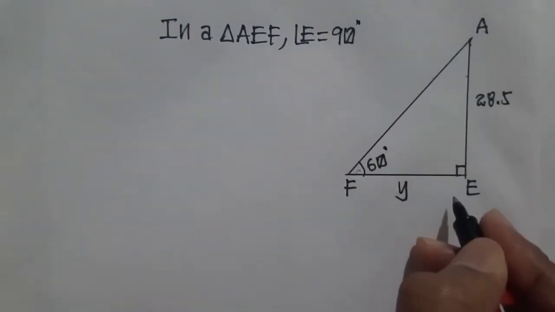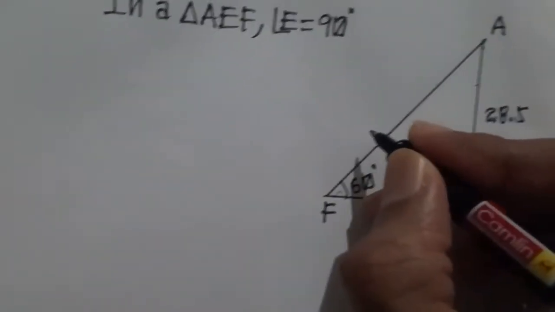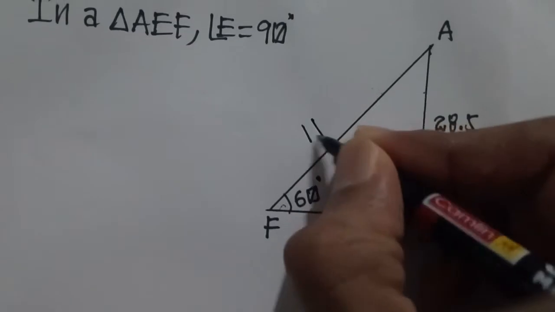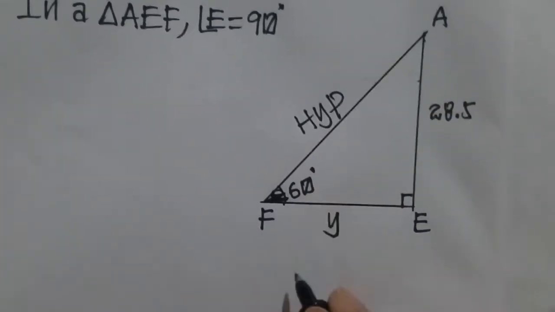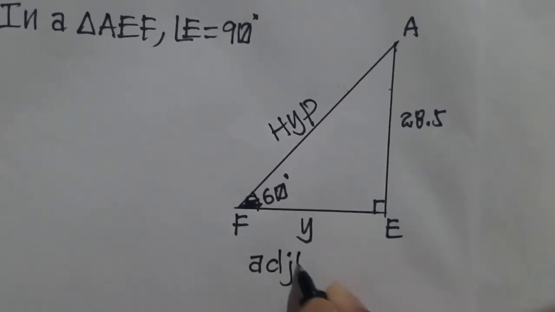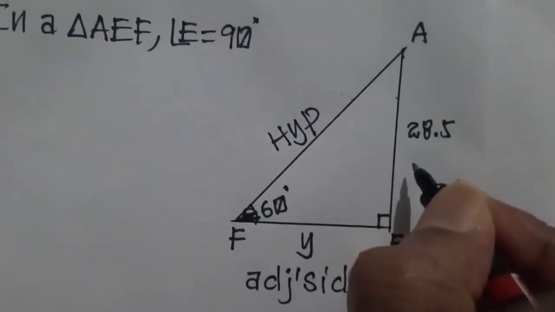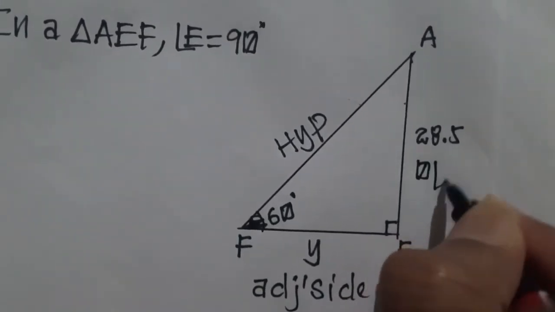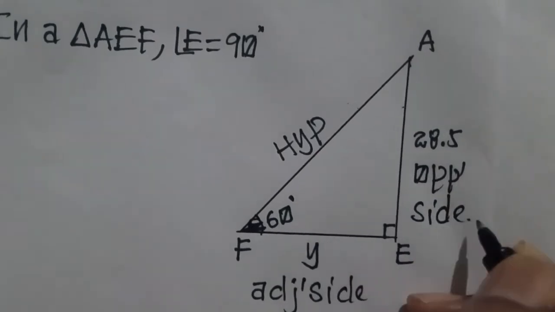AEF is a right angle triangle, right angle at E. Now here the longest side is the hypotenuse. The side next to theta is called the adjacent side, and the other side is the opposite side.